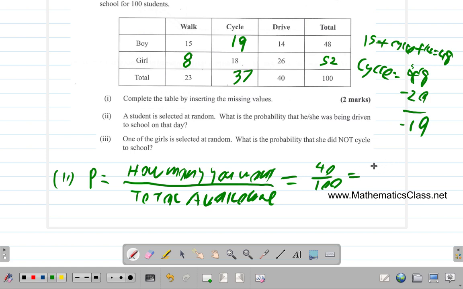Then you cancel down 40 over 100. 4 over 10, but you can cancel down further. 2 into 4 is 2, 2 into 10 is 5. 2 fifths. You see? Just leave it as 2 fifths. Nobody writes it as a decimal. Just leave it the way they want it. They didn't tell us, so leave it as a fraction. So the probability that he or she was being driven to school on that day is 2 fifths.